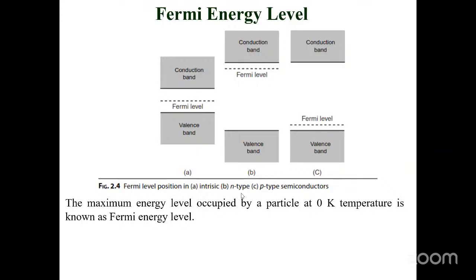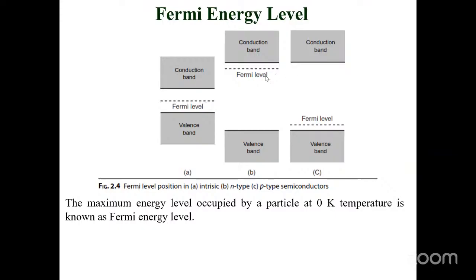Whereas in N-type semiconductors, the Fermi level moves toward the conduction band. In N-type, there are more electrons and fewer holes. In the case of p-type, there are fewer electrons and more holes.